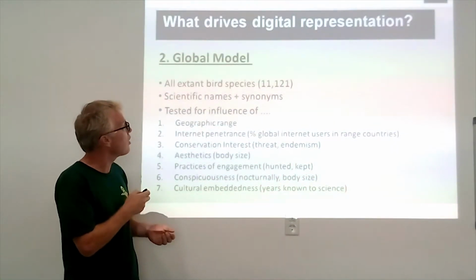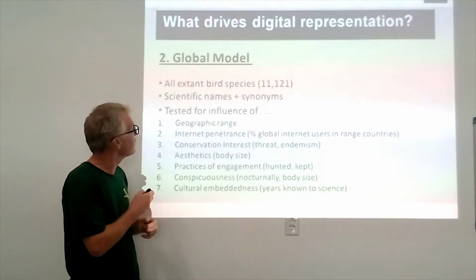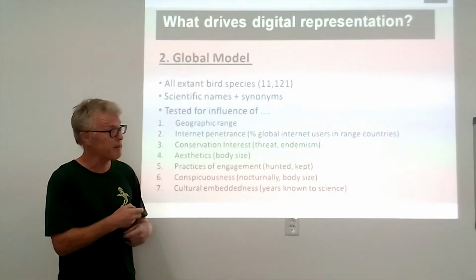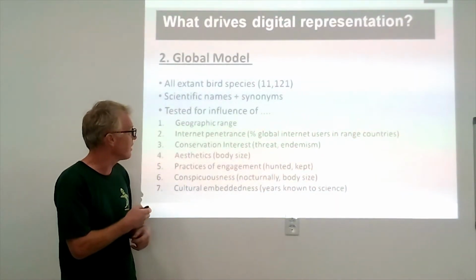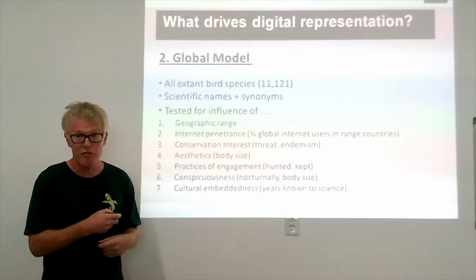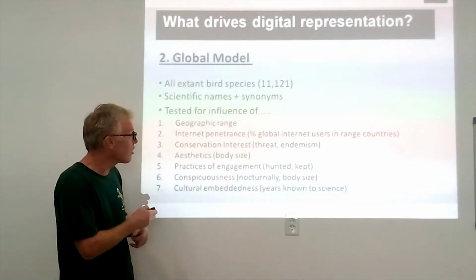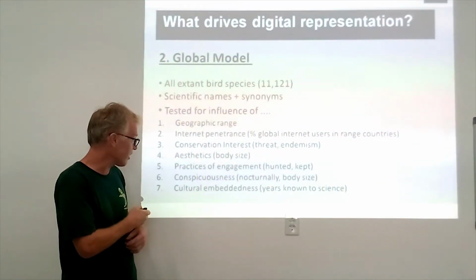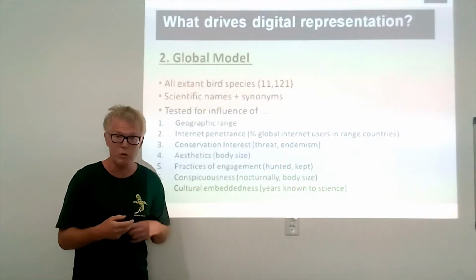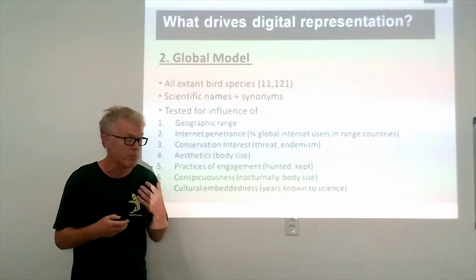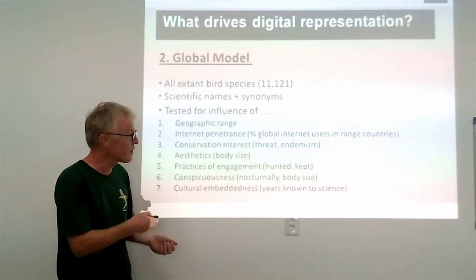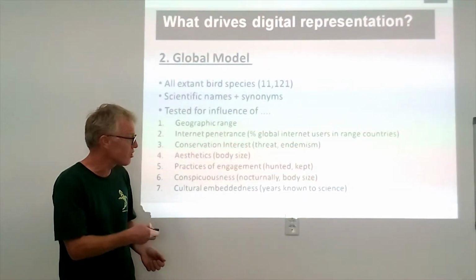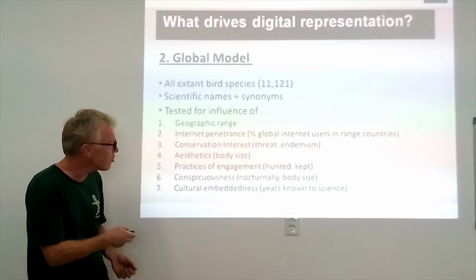If we look at this for a global model, and we've recently done this, we looked at all extant bird species, scientific names plus synonyms, and we tested for the influence of geographic range, internet penetrance, frequency of interactions on the internet, conservation interest, quality of experience, aesthetics, body size again, and practices of engagement, which we felt were likely to be very important in influencing quality of experience: whether they're hunted or whether birds are kept, conspicuousness, whether they're nocturnal, large body size, and cultural embeddedness.